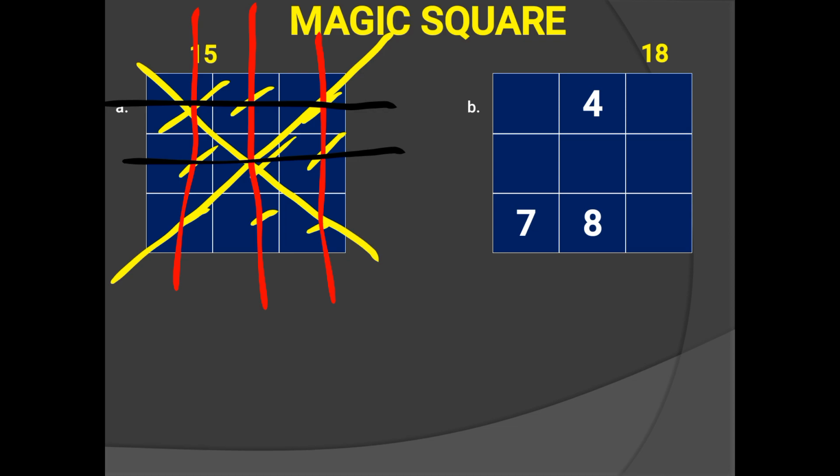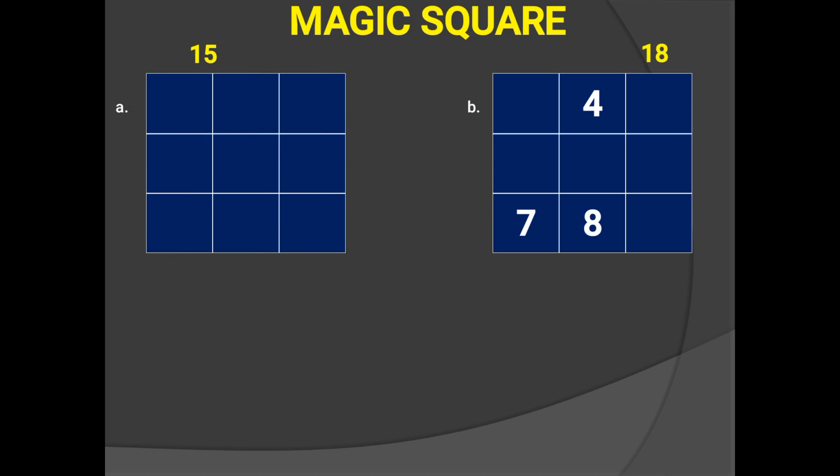The 3 numbers in the next horizontal, I should get 15. And the next horizontal too, when I add them, I should get 15. This is magic square. This is how it works. So let me clear my board, and now we see how it goes. And mind you, no number repeats. Each number appears only once.